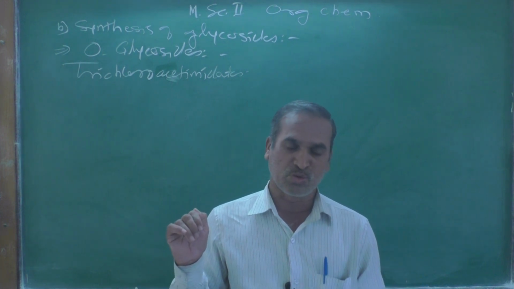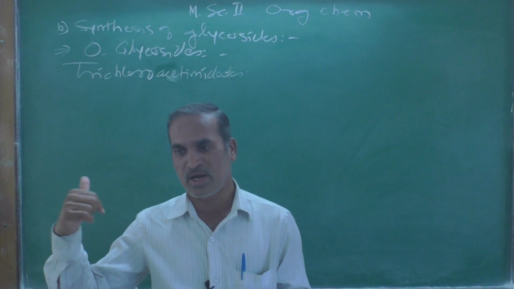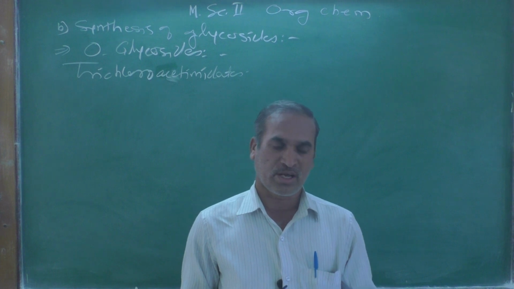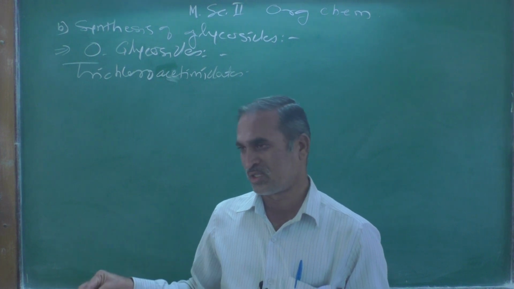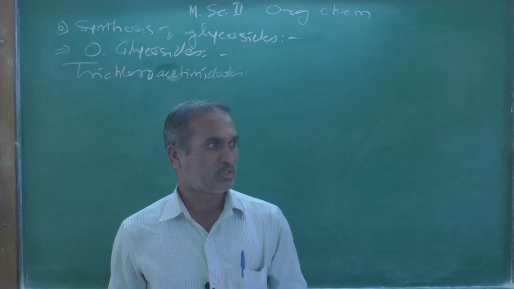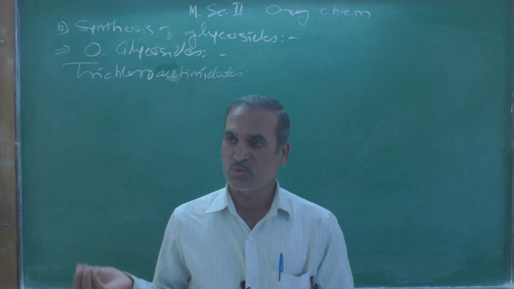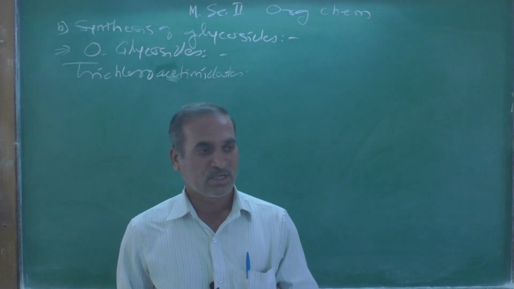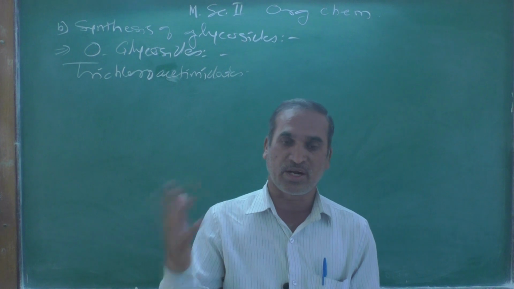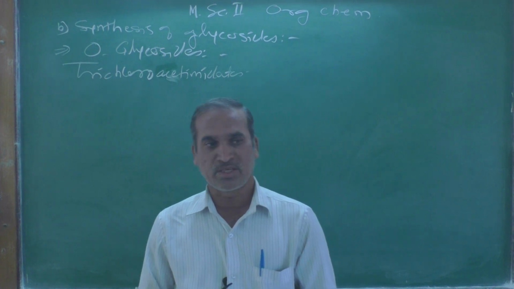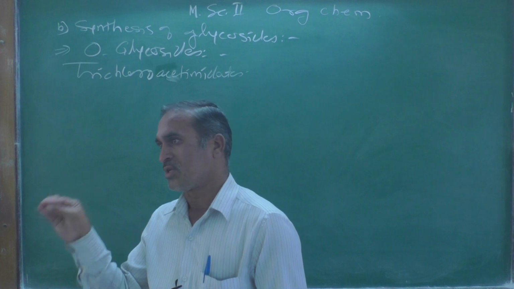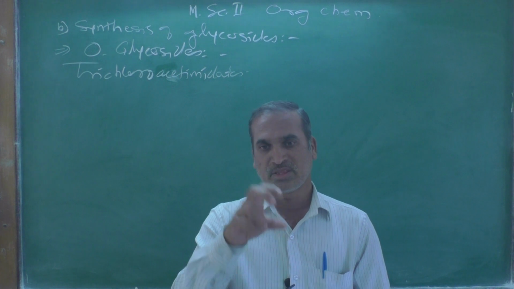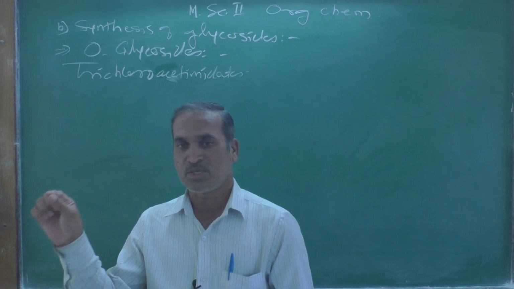Number one is monosaccharide, second one is oligosaccharide, and third one is polysaccharide. And monosaccharides do not hydrolyze further by using acids or specific enzymes, but the oligosaccharide is further divided into three types. Number one is disaccharide, second one is trisaccharide, and third one is tetrasaccharide.